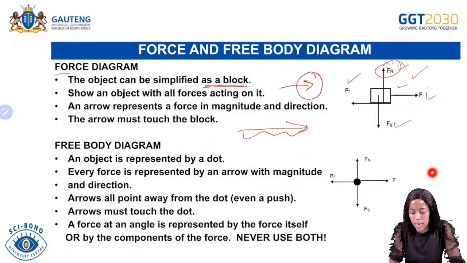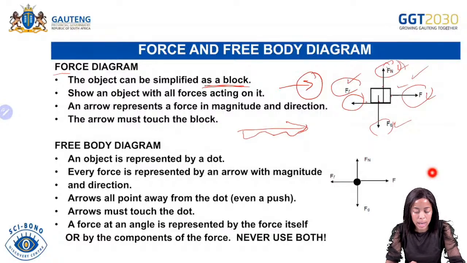And then the arrow on the applied force is facing where? To the right. The arrow on the frictional force is facing where? To the left hand side. And the arrow on the weight, or the gravitational force, is facing where? Downwards. Then it says the arrow must touch the block. So as you can see, all the arrows are in contact with the block.